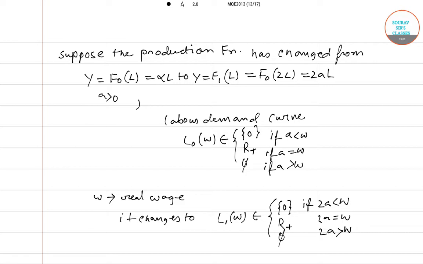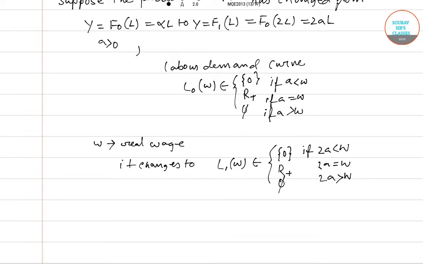Here we have to make an assumption. Let us assume the labor supply is exogenously given and it is given as capital L bar.